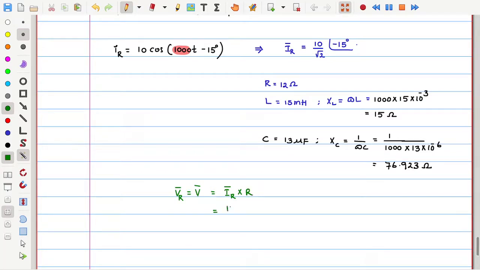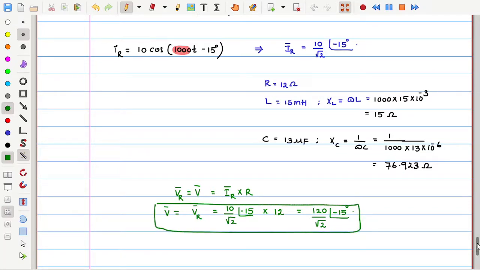So IR we know, 10 divided by root 2 at an angle of minus 15, into R, which is 12. So how much will we get? This is 120 by root 2. Let me keep root 2 as it is, because I will tell you the use of that, at an angle of minus 15 degrees. This is the voltage across the resistance, which is equal to the total voltage. This is one of the key important calculations in getting the rest of the required things.